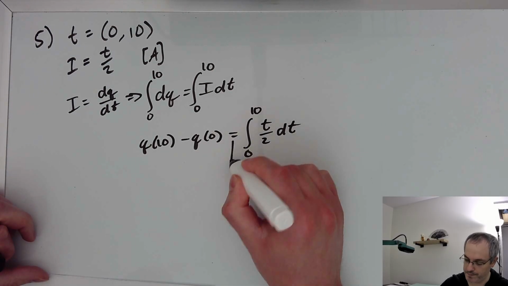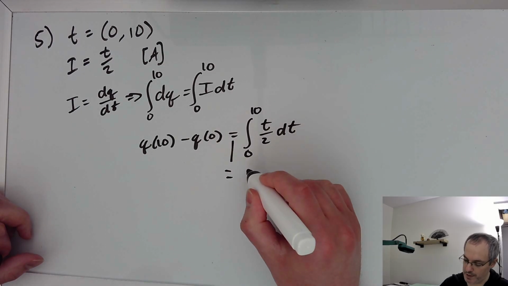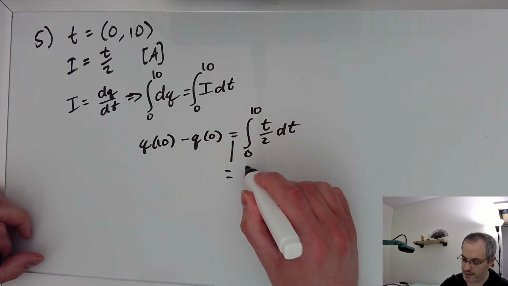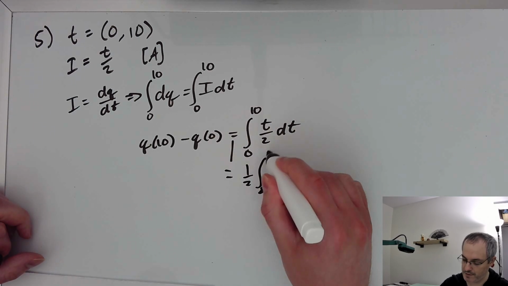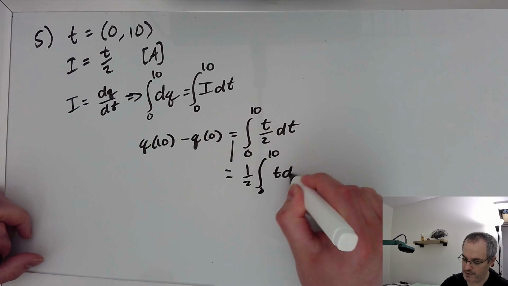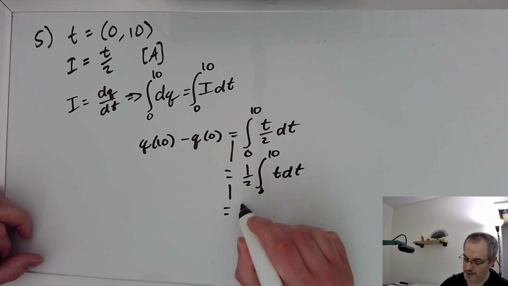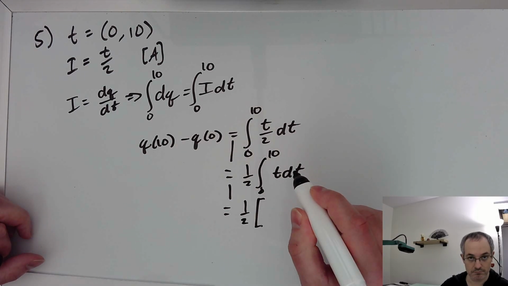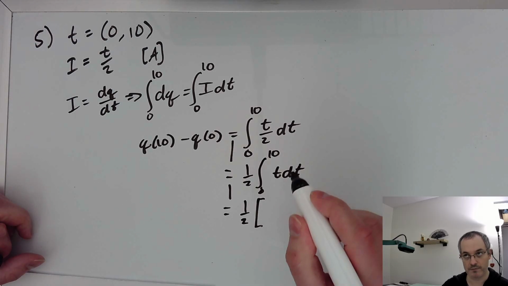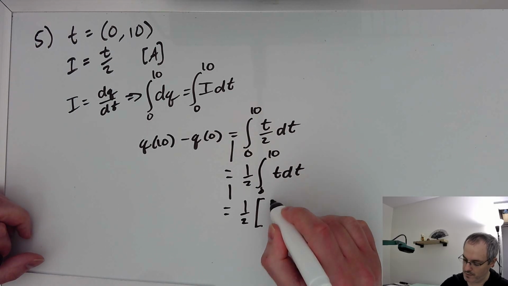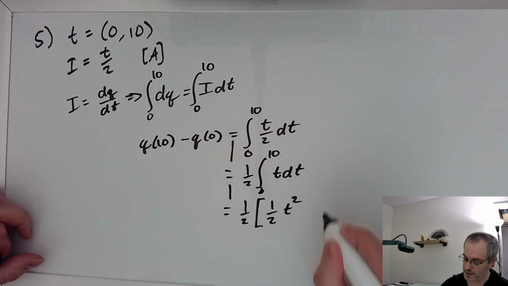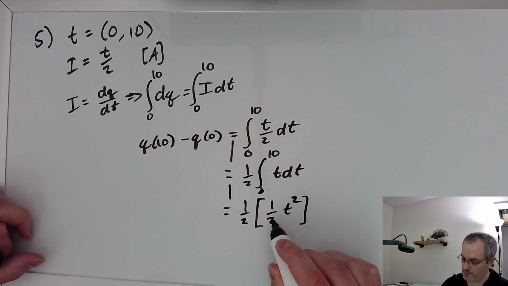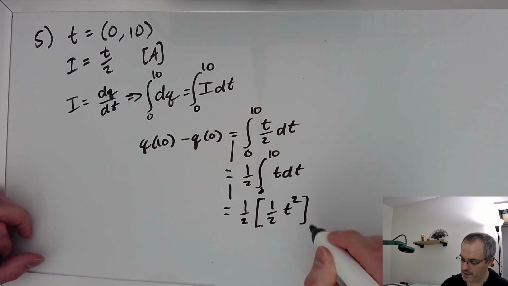Okie doke. This one, take the 1/2 out, and then it's just the integral from 0 to 10 of t dt. The integral of t gives you 1/2 t squared, and you can check because the derivative of this gives you t.